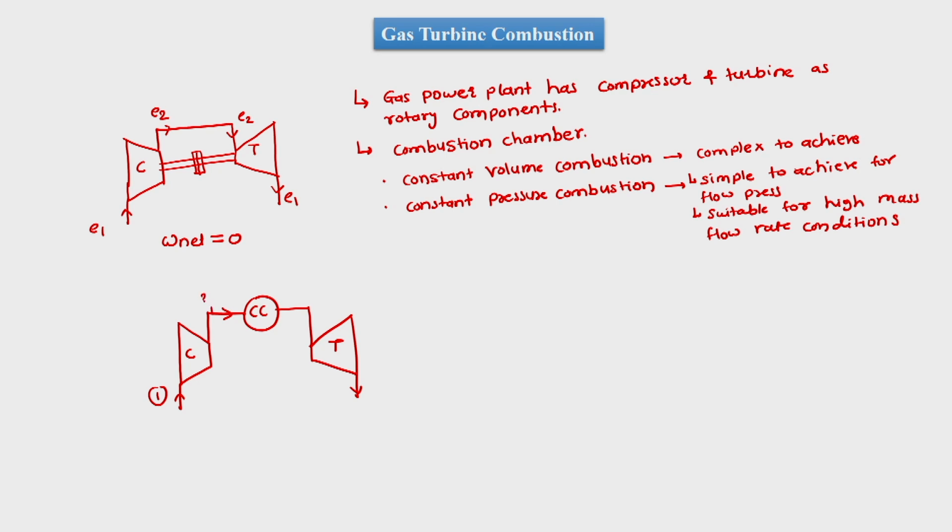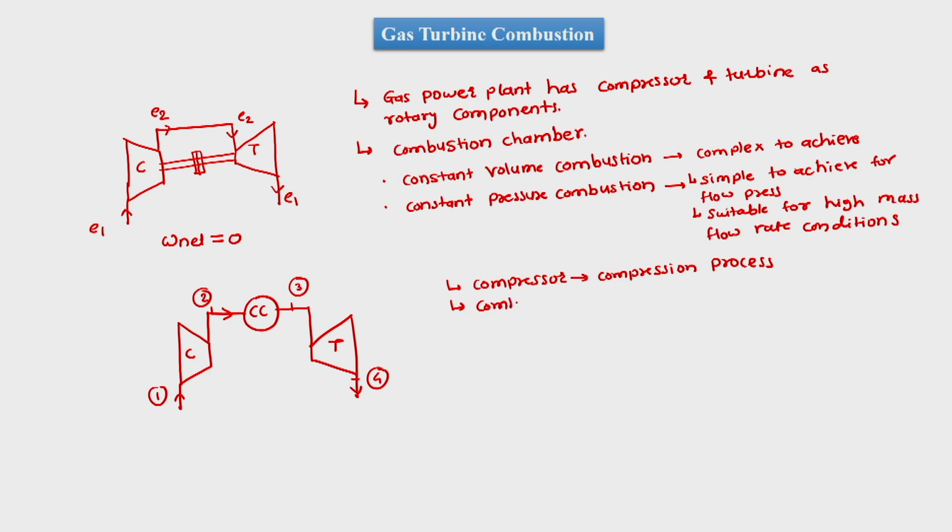So we have 1 to 2 as the compression process, 2 to 3 as the combustion process, and 3 to 4 as the expansion process in the turbine. Here we have the compressor for the compression process, which is an isentropic process.